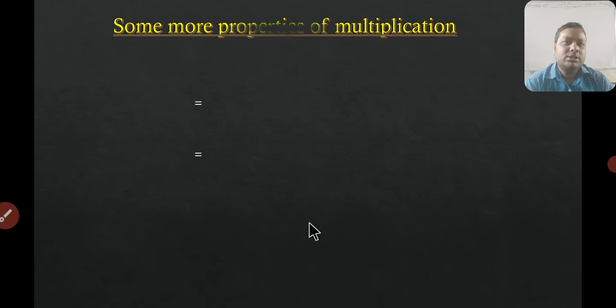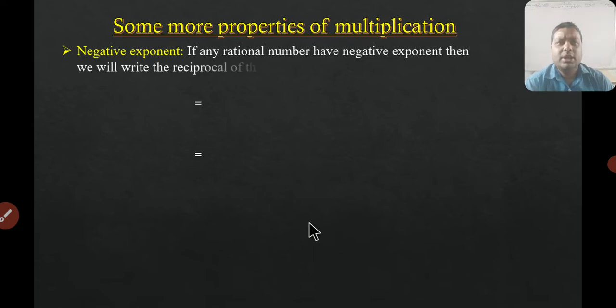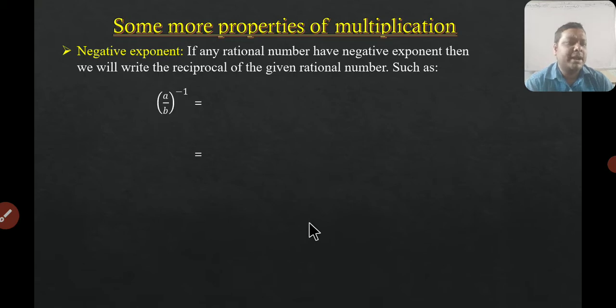So now students, some more properties of multiplication. First, negative exponent. What is a negative exponent? If any rational number has a negative exponent, then we will write the reciprocal of the given rational number. Such as, a by b to the power minus 1. You can see that minus 1 is the exponent. So what will be the answer?